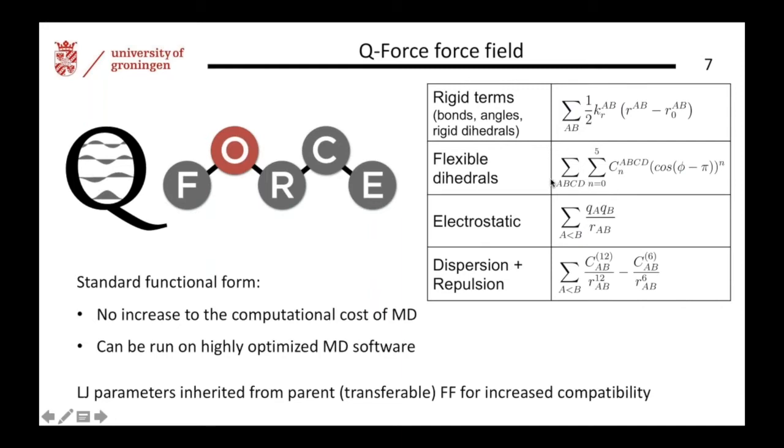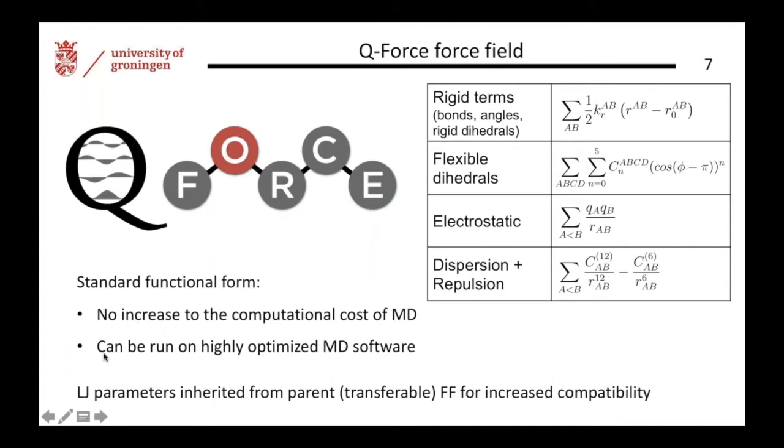This one specifically is called the Ryckaert-Bellemans function. For electrostatic interactions, again, we have the Coulomb potential. And for dispersion and repulsion interactions, we use the Lennard-Jones potential. And as I mentioned, this standard functional form allows us to run the MD simulations with no increased computational cost.